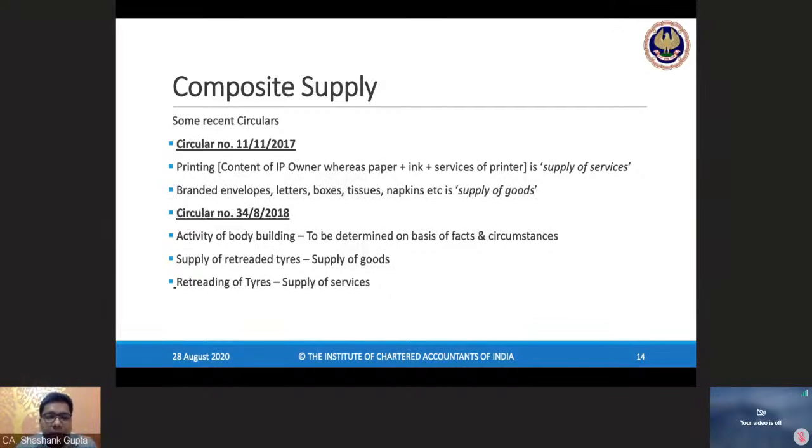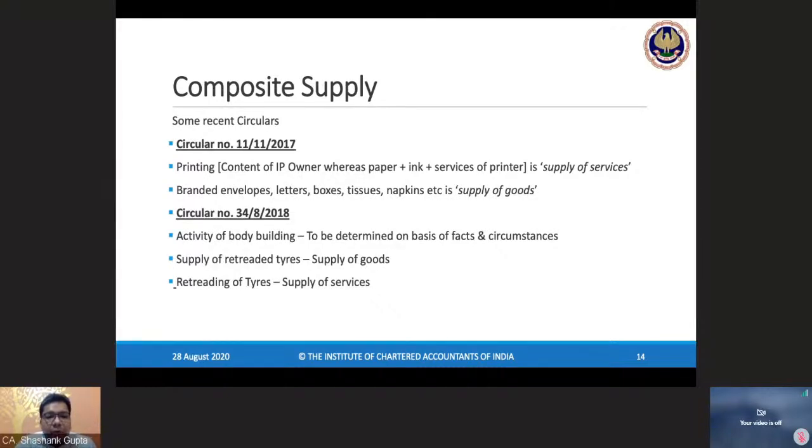However, suppose I run a firm and that firm gets branded envelopes, letters, boxes, tissues, etc. that you would have seen in restaurants. While branding is happening, if you see how the order will be placed, it will say I want 10,000 tissues and all these tissues should be branded with my name. So the principal supply there is the supply of goods, and hence this will be treated as supply of goods.